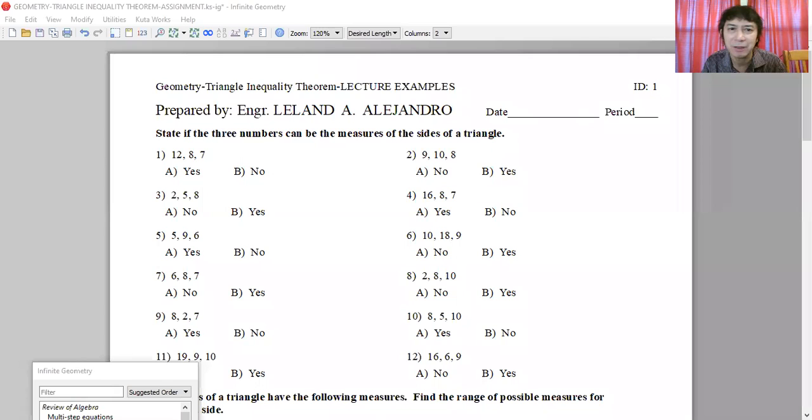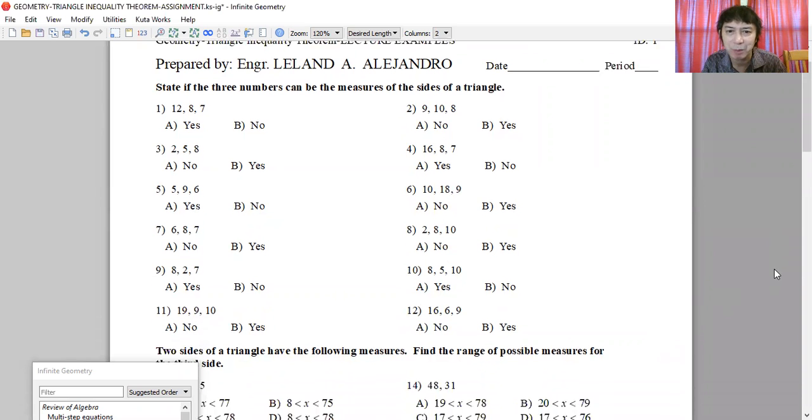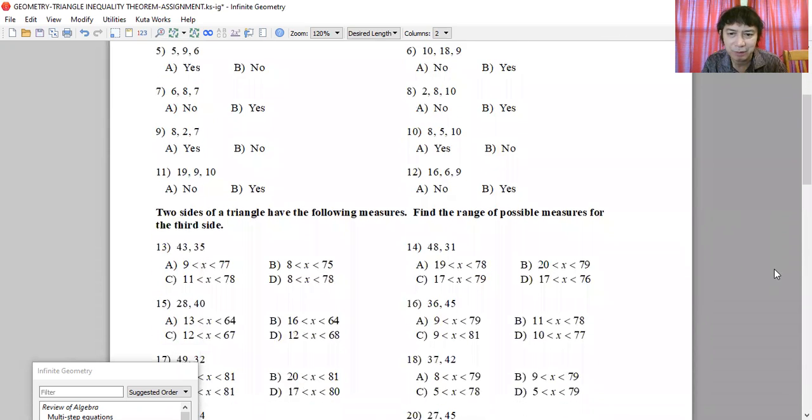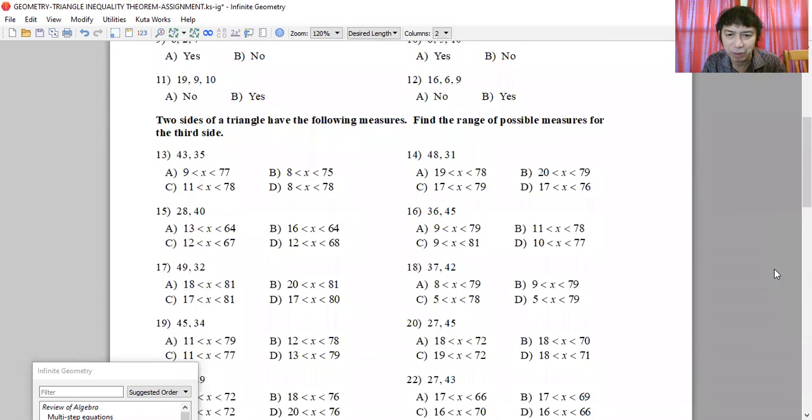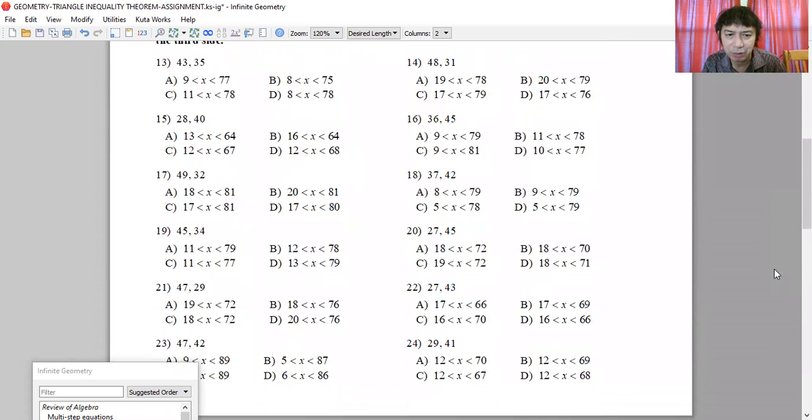All right, so it will be over here. Okay, here's the worksheet, Triangle Inequality Theorem, lecture examples. We're going to see how many simple examples we're going to solve here. We have about 24.